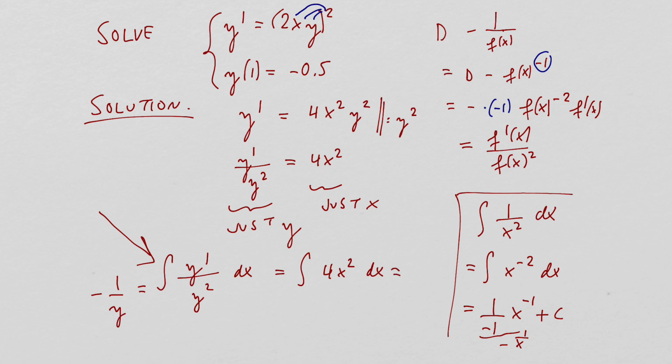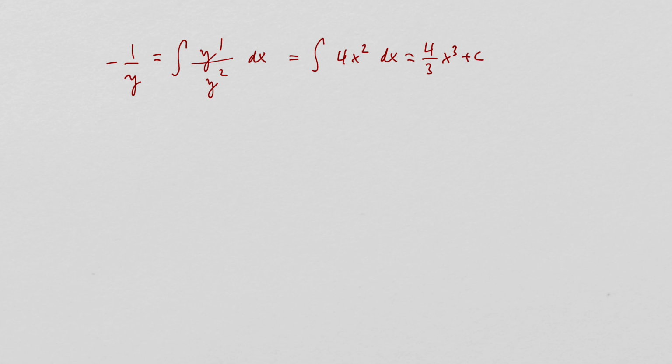On the right-hand side we get this. Okay, our function y satisfies this equation. And still we have the initial condition y at 1 is equal to minus 1/2, which we did not use yet.